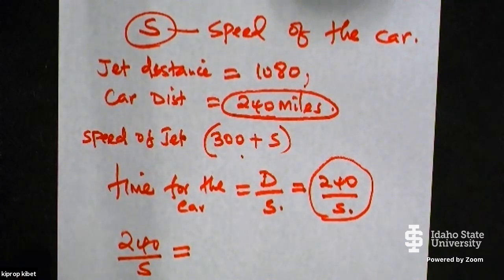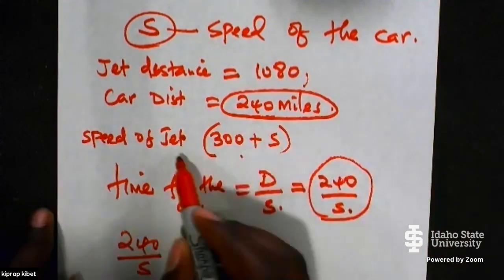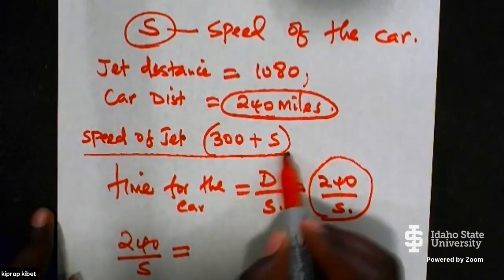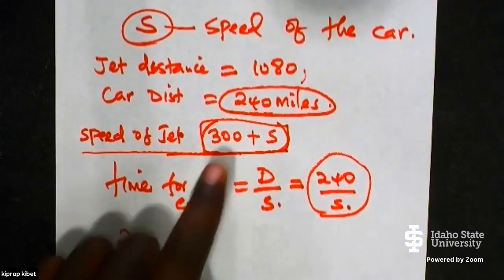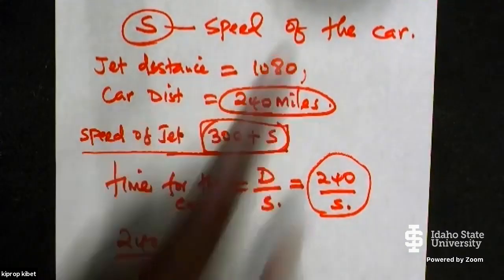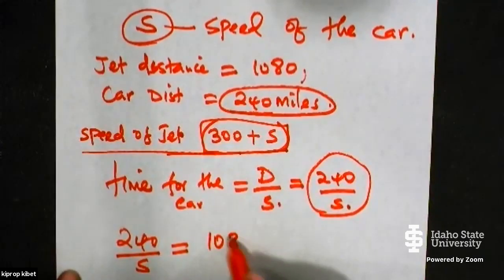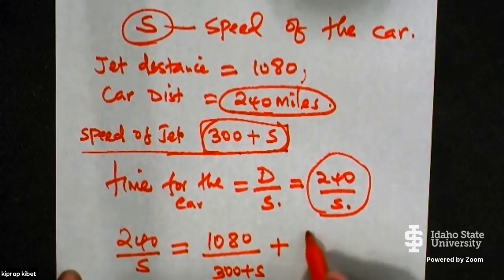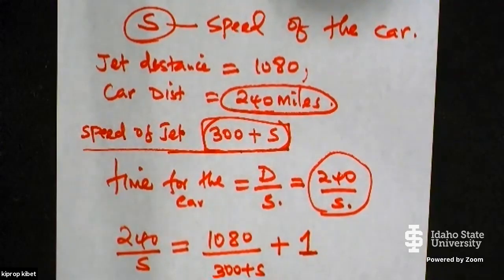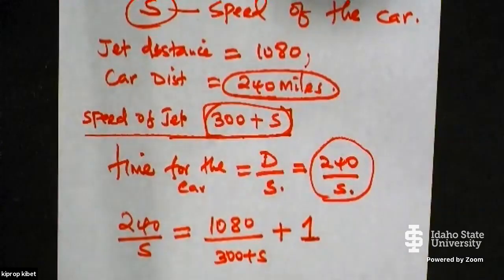The time for the jet: we already have the speed of the jet as 300 plus S, and the distance is 1080. So it will be 1080 over 300 plus S, plus the extra 1 hour. This is the time for the car, which is similar to the time you get from this.